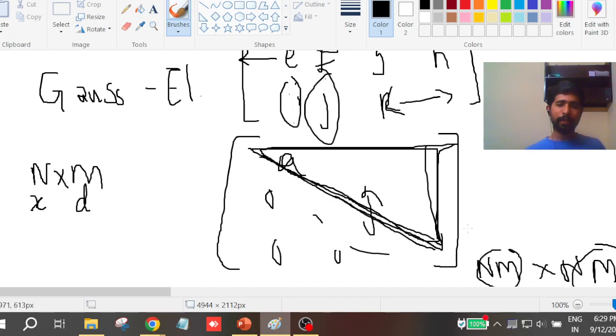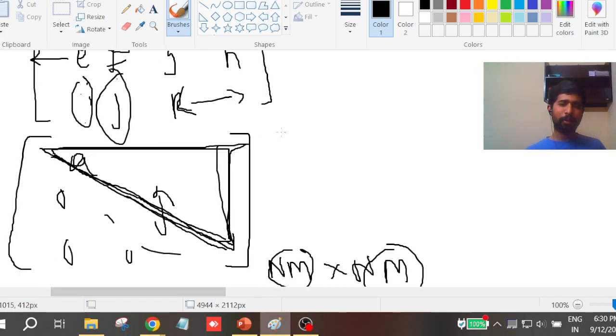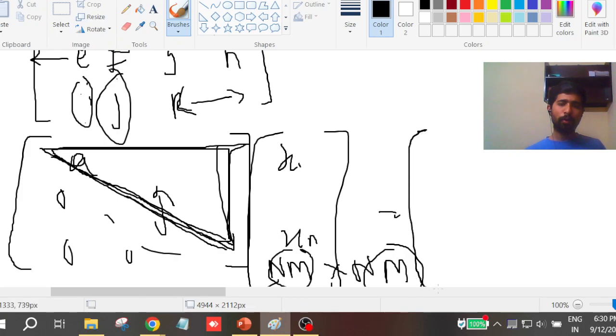Once we get such a format, what we do is called back substitution. Now I'll have x1 up to xn equal to b1 up to bn, and this will also be modified, so I'll put just a dash here.